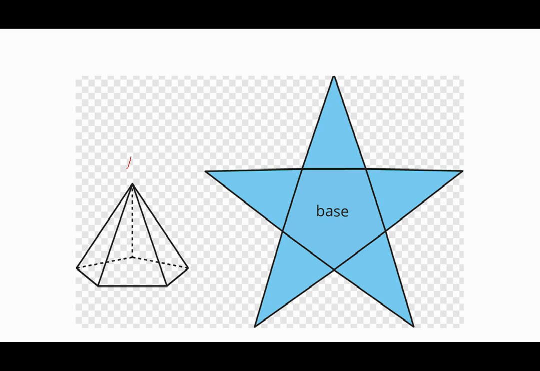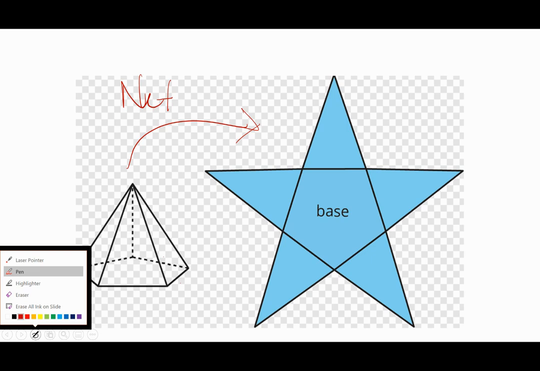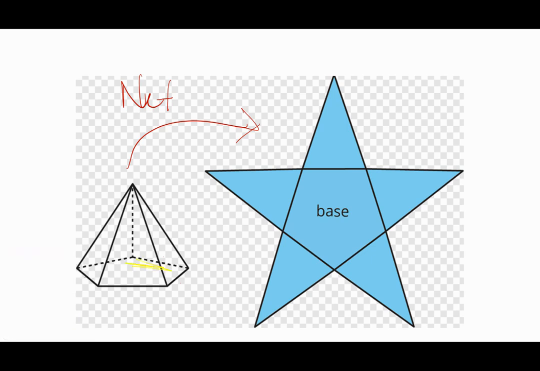When we do this, we can also open them up into a net. So this one, 1, 2, 3, 4, 5, it has a pentagon as a base right here. This is a pentagon. And then each star opens up to the sides. So we're going to be looking for the slant heights.